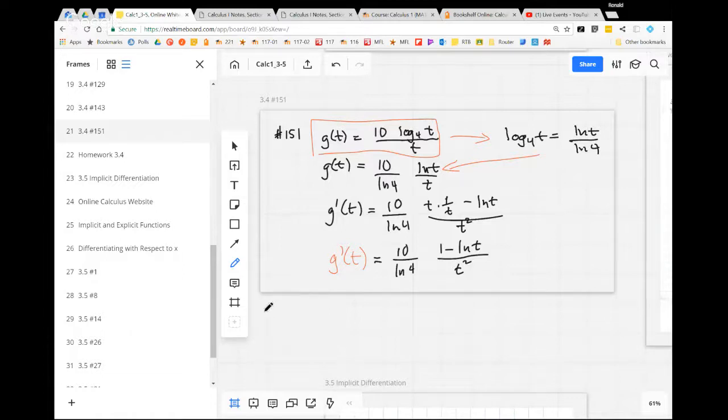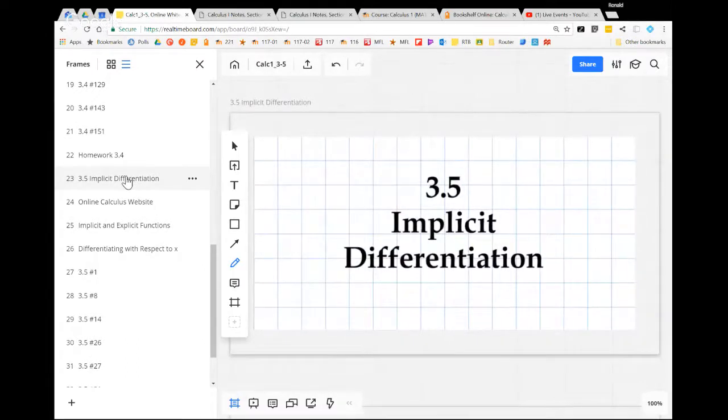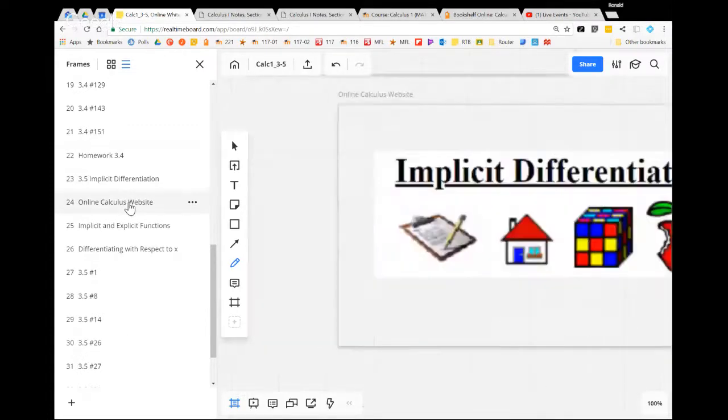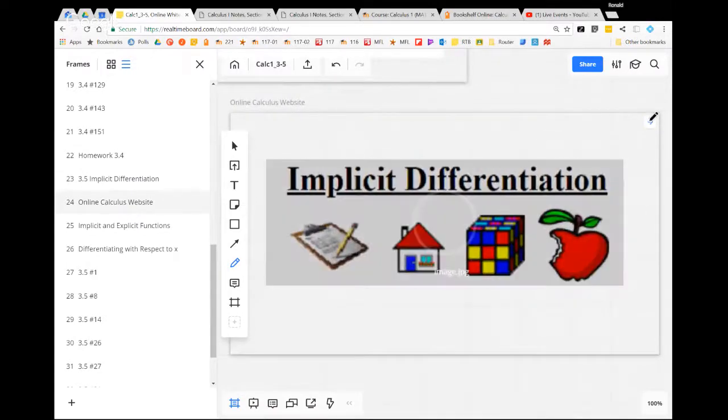Okay, let's get to the new work. The new work is called Implicit Differentiation. Implied is what that implicit stands for, as opposed to explicit, where it's really clear. And again, there's a nice presentation of this on the alternate website.